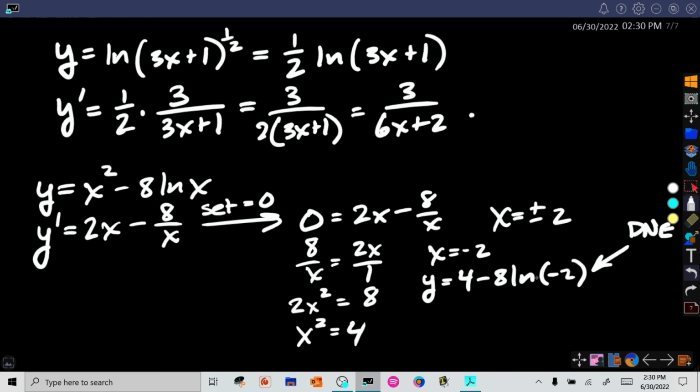It has to be positive. It's not defined, so it doesn't exist. If I do it with the positive, I get y is equal to 4 minus 8 natural log of 2, which does exist, so we're in good shape. So this is the relative, well, maybe relative maximum. I don't know. Let's actually go to Desmos and take a look.